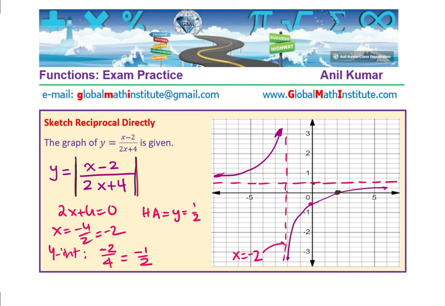Minus half becomes plus half, and at the vertical asymptote, when you are approaching minus 2 from the right-hand side, it was going to minus infinity, but now it will move towards positive infinity. So it will go like this. Do you see that? So let me redo it. It will be, because I have to connect with this point, right?